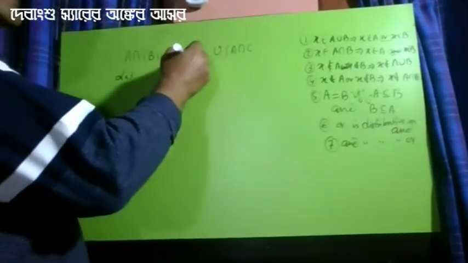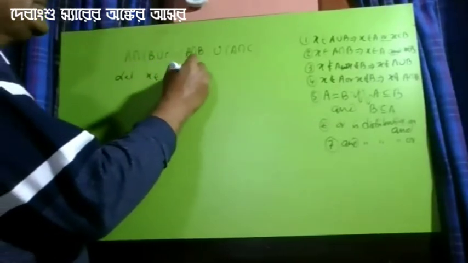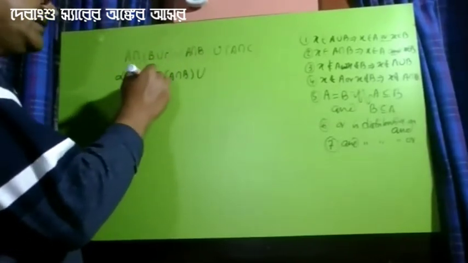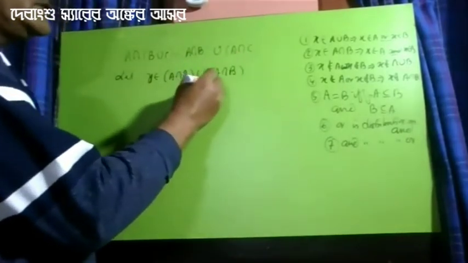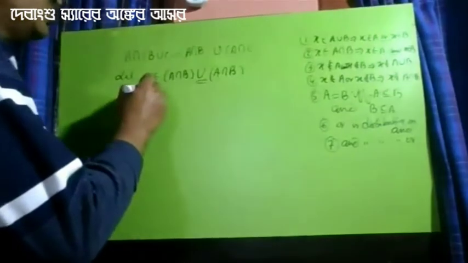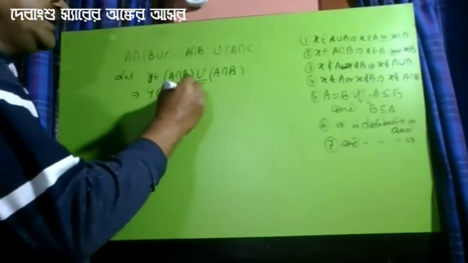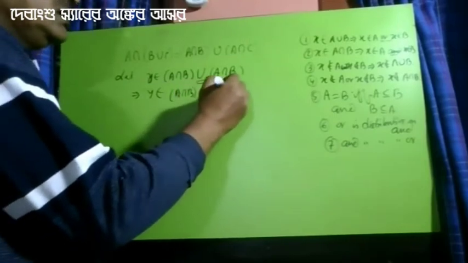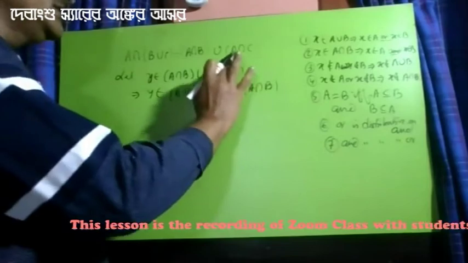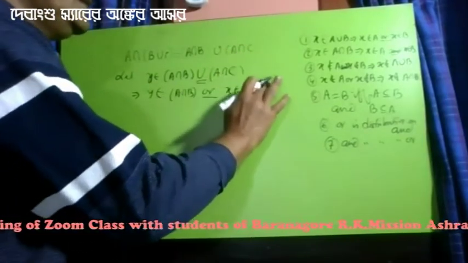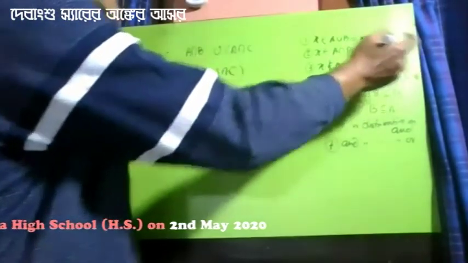Next, I will establish that this is a subset of this. Let Y belong to (A intersection B) union (A intersection C). So here the operation is union. Union means OR. So that implies Y belongs to A intersection B or Y belongs to A intersection C. Now see intersection means AND.